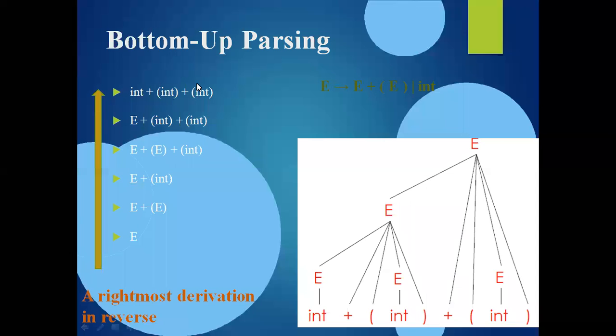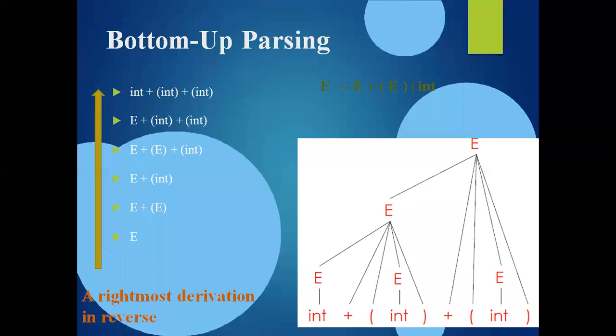The question is to construct a bottom-up parse for the input string int plus open parenthesis int closed parenthesis plus open parenthesis int closed parenthesis. All these int are terminals, where int is defined by the variable E. Make a note of this.